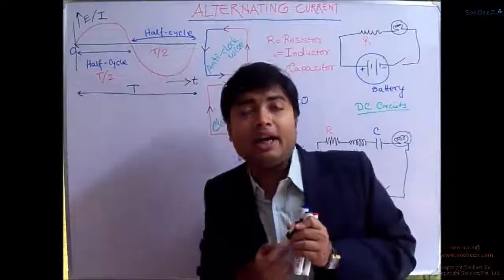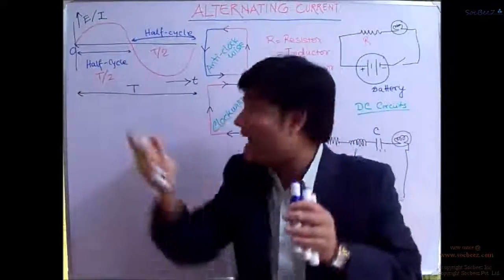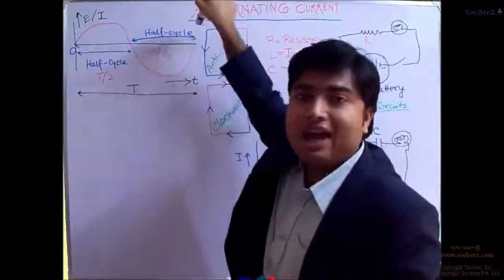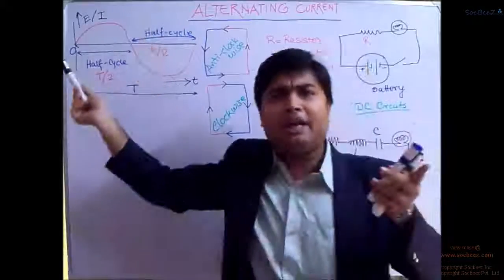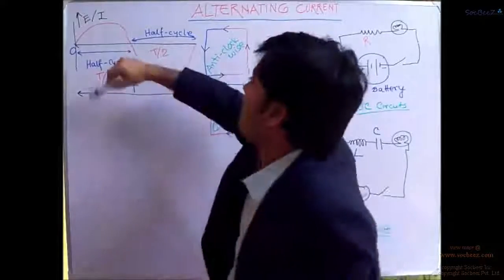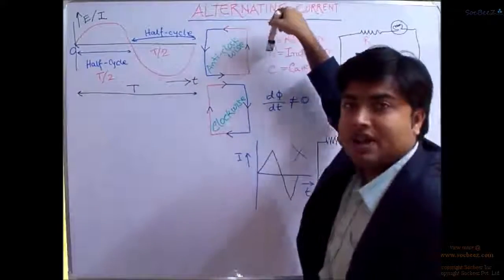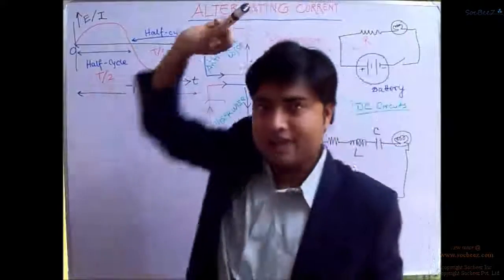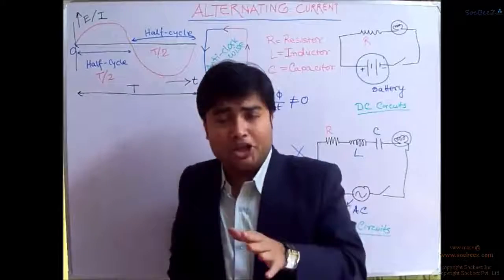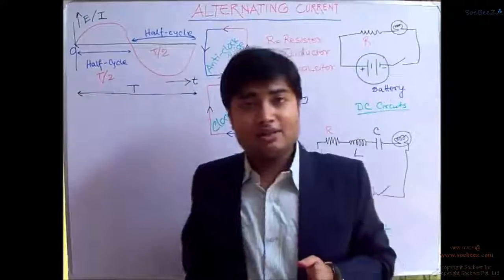So the alternating current is that current which changes its magnitude with respect to time and periodically changes its phase. After every pi, it will change its phase. This is pi by 2 and this is pi. The half cycle is up to this, then again a half cycle on the lower side, then again on the upper side, likewise.